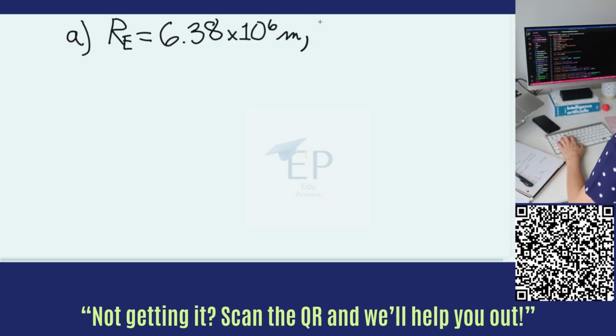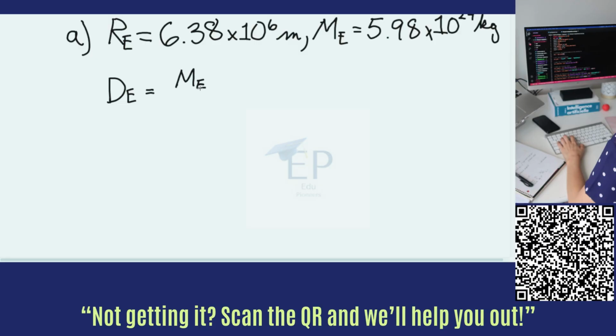The mass of the Earth, m sub e, is 5.98 times 10 to the 24th kilograms. Using these values, we can calculate the density of the Earth using the following formula for mass density: mass over volume.